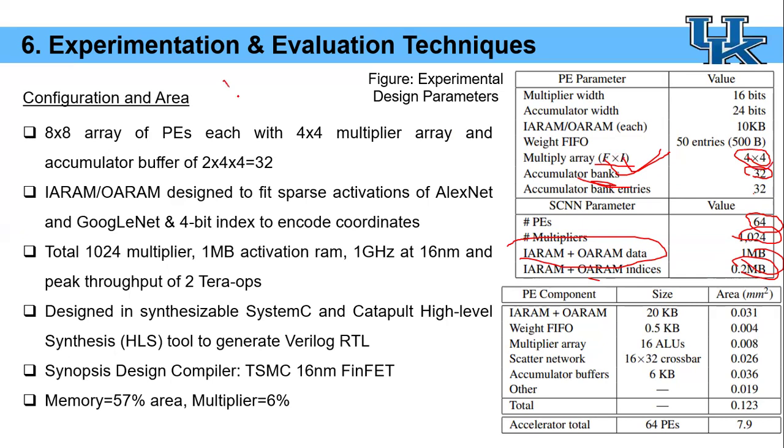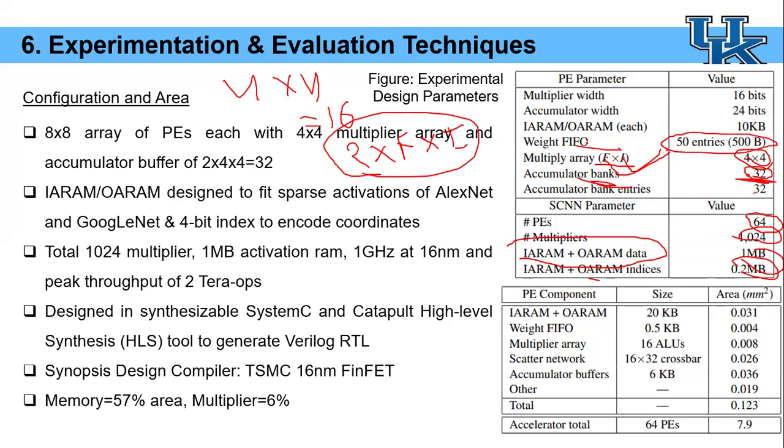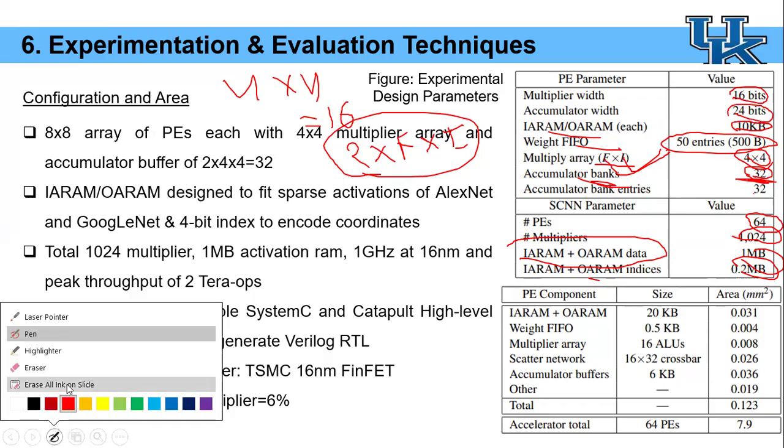As you can see here, that's 16 multipliers in a single PE, and we have 64 of those PEs, right? The accumulator banks need to be 2 times F times I, so that's basically 2 times 16, which is 32. That's why we have 32 here. The weight buffer has 50 entries, and the IARAM and OARAM are 10 KB each, with 16 bits multiply, and the accumulator is 16 bits wide. So those are the specifications here.